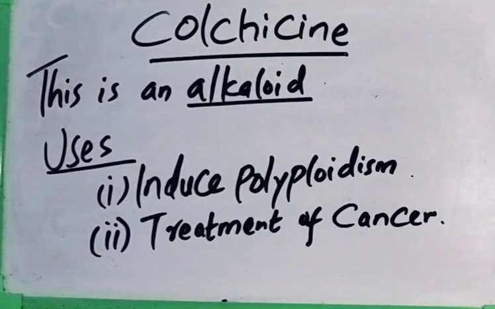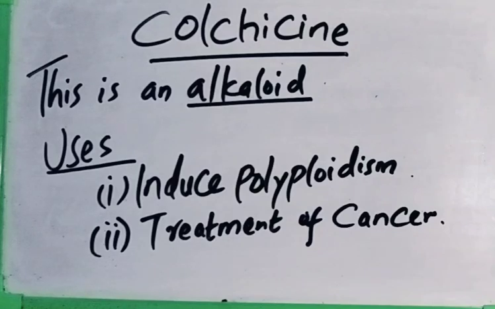For the first use, inducing polyploidy, we mean in agriculture, for example, we need to have plant yields increased or even animal yields, and also at some point make these organisms resistant to diseases. The importance of polyploidy, you learn that in Form 4 in genetics. And finally, don't forget that the second function is treatment of cancer. Some of these alkaloids are used in the treatment of cancer.